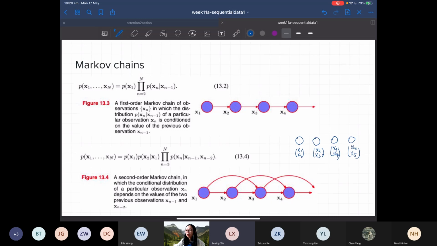Once we've made the state space larger, we essentially convert this higher-order Markov chain to a first-order Markov chain again. This is because the joint probability of x3 and x4 depends only on the previous pair, so x4 given x3 and x2 can be captured by the term in the middle, and that only.